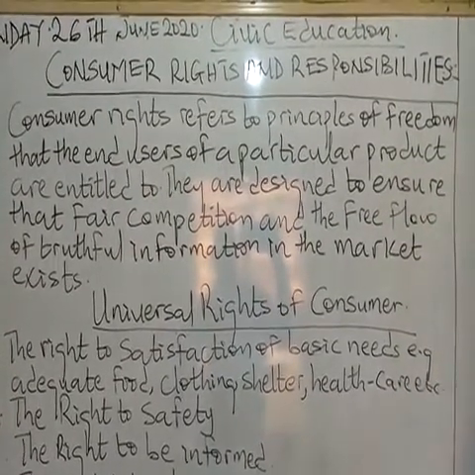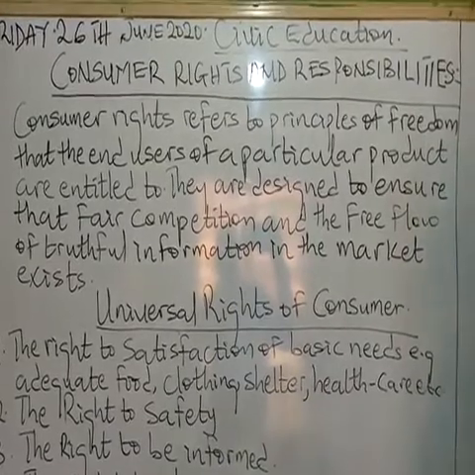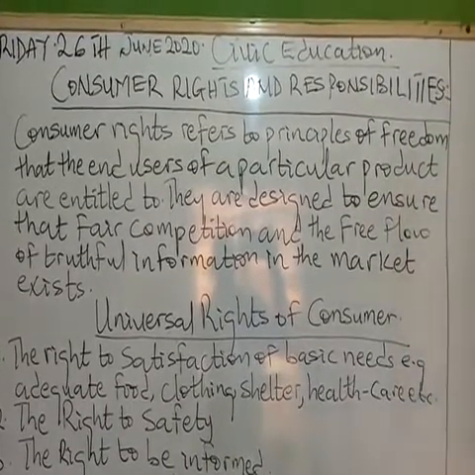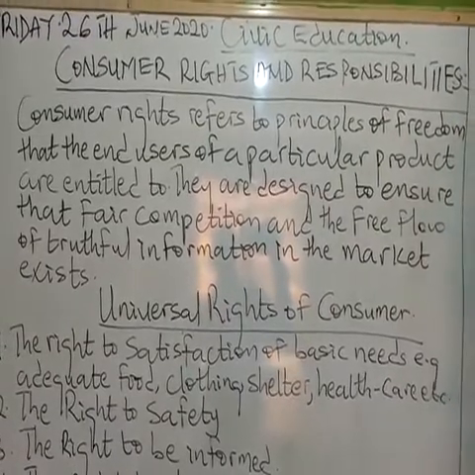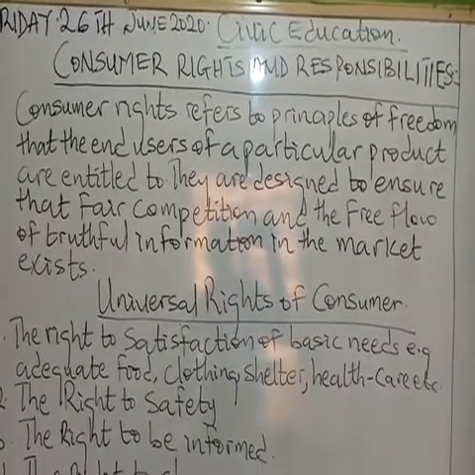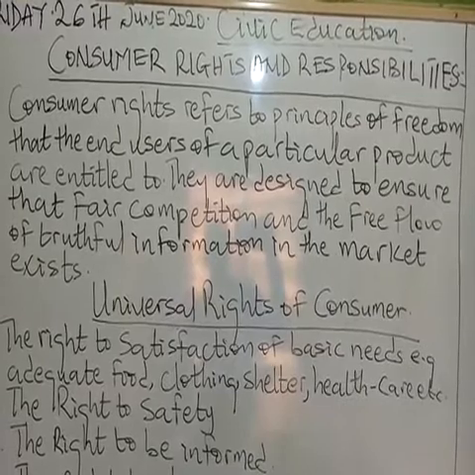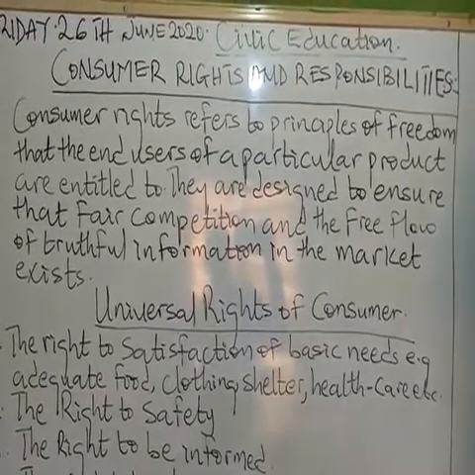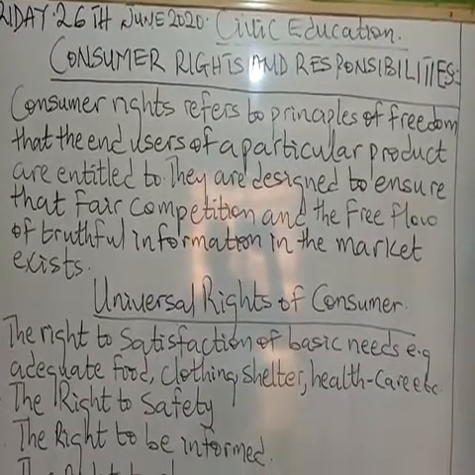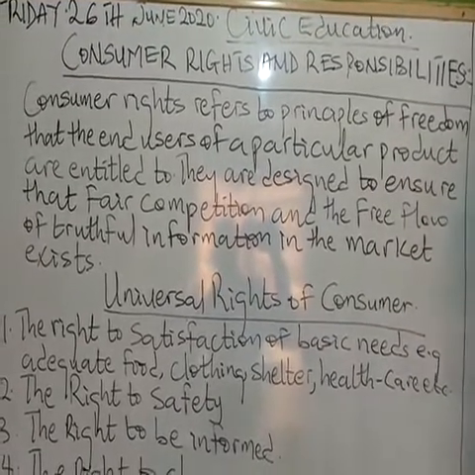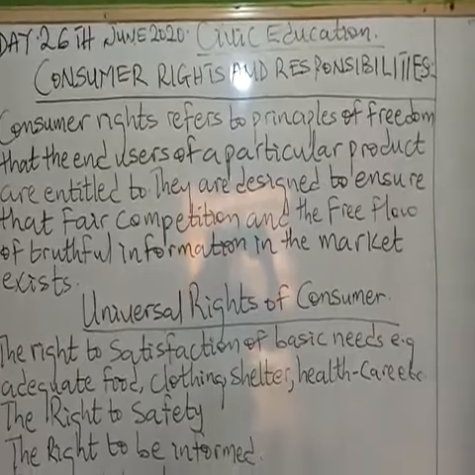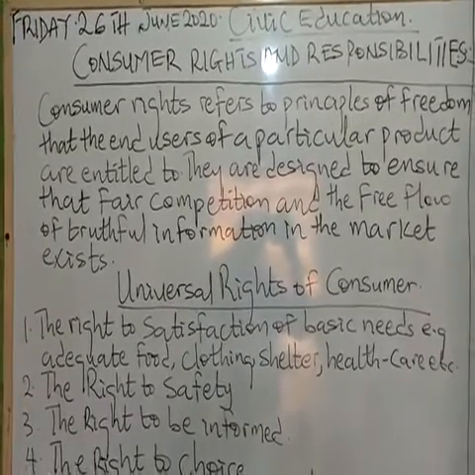The freedom that a consumer is entitled to over a particular goods, in order for him or her to make sure that the goods are in good condition. That's what we mean by consumer right. That is the right that a consumer has over the goods and services that he is producing.